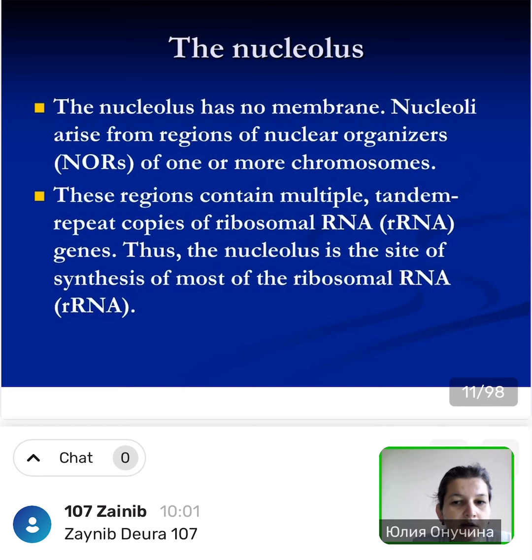So the nucleolus has no membrane, and this part is the nuclear organizer. It contains information about rRNA, tRNA, ribosomal RNA; mostly information about them is located in this part.